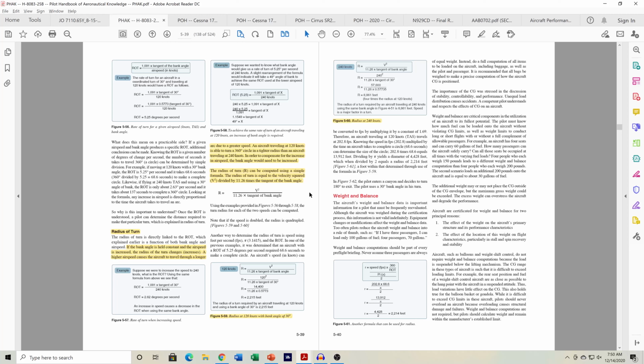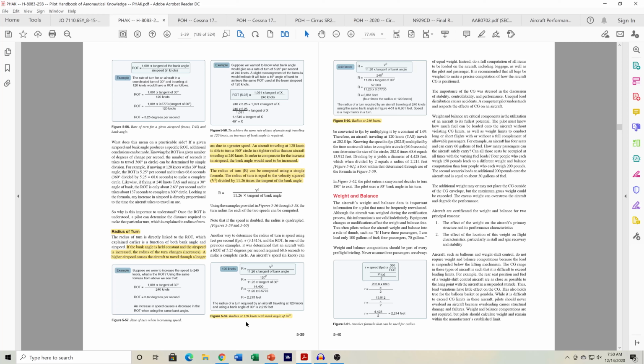If you were to crunch the numbers, and I'm not going to, I'll trust the FAA to get the math right here, for somebody with a 30-degree bank angle at 120 knots, the turn radius is going to be 2,215 feet.